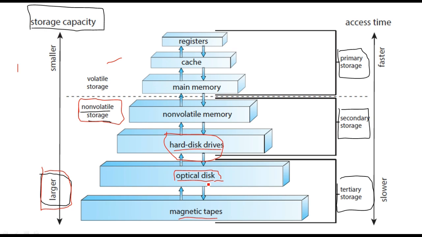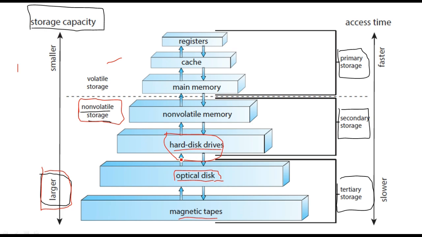The main differences among the various storage systems are the speed, cost, size and volatility. So a wide variety of software, data and programs are stored in these non-volatile storage devices.